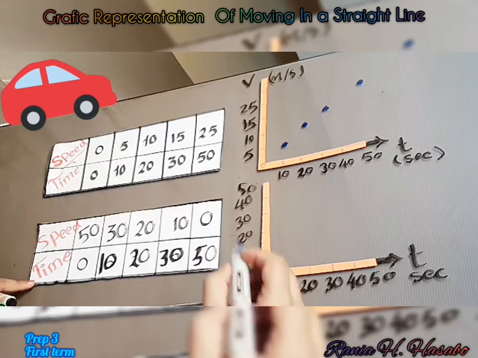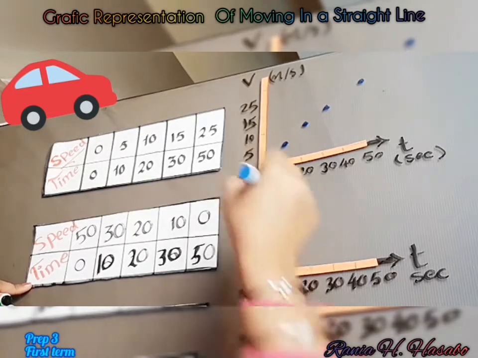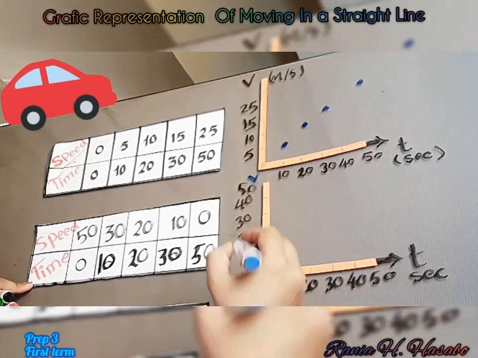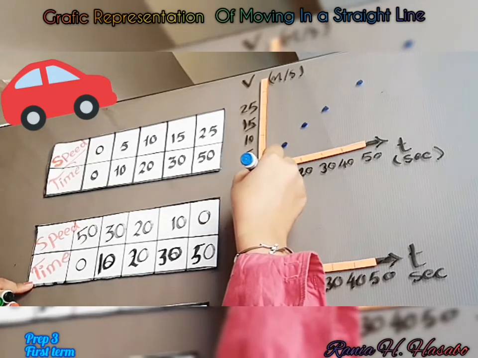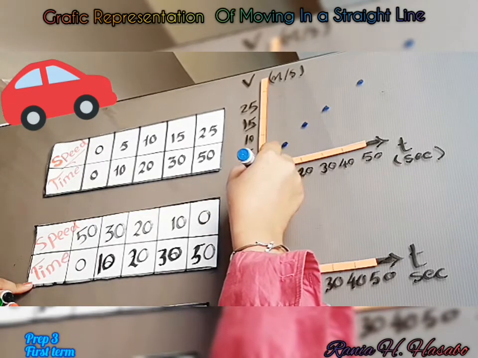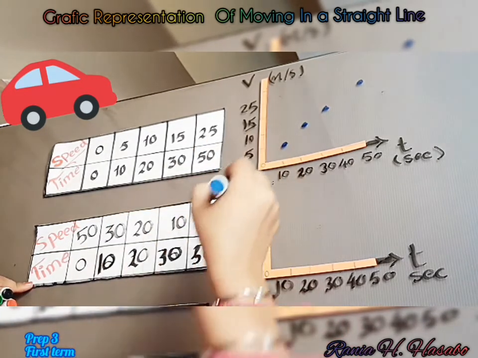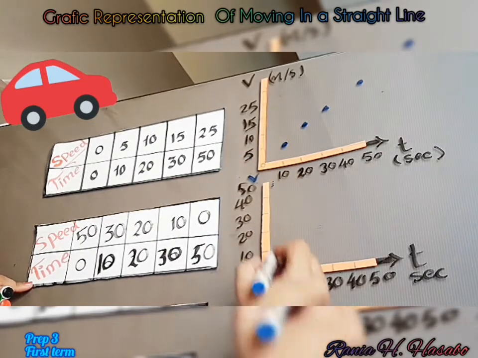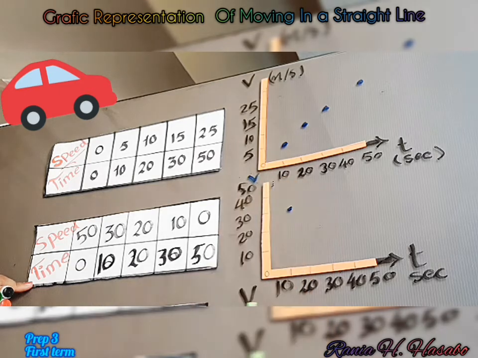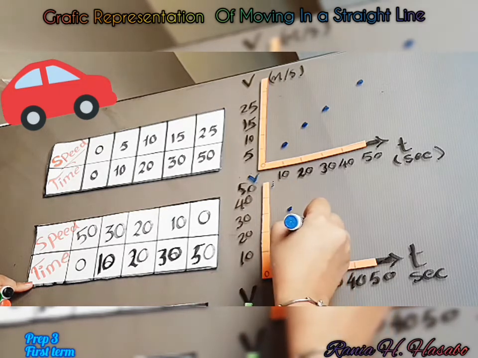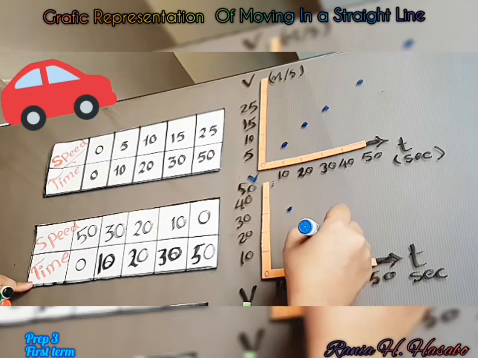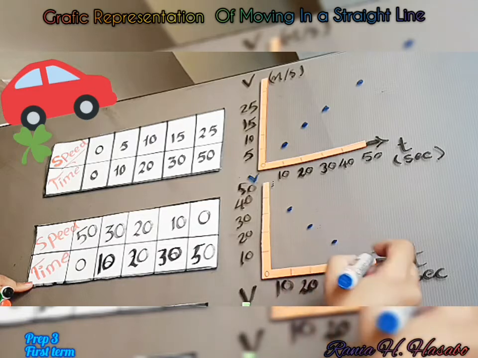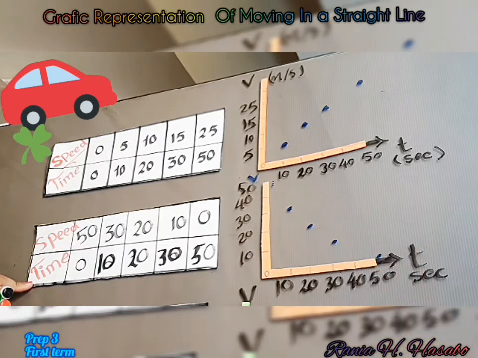While here, between velocity and time, at the beginning, the speed of the car is 50 meters per second. After 10 seconds, it becomes 30. After 20, 20. After 30 seconds, 10. After 50 seconds, it becomes 0.